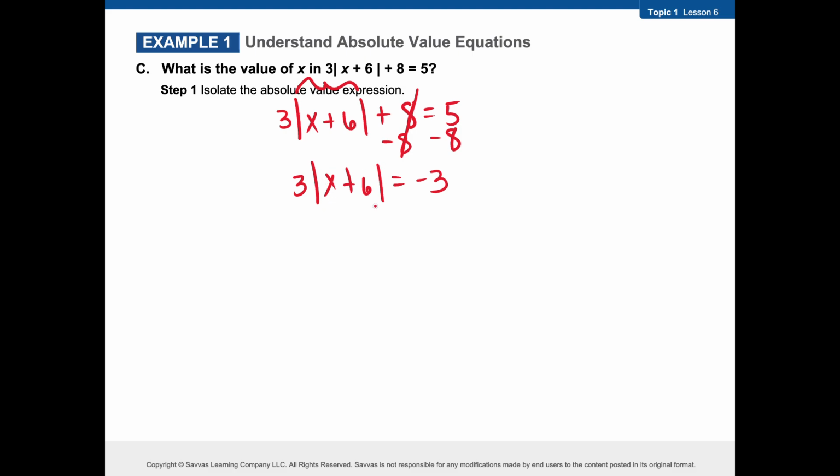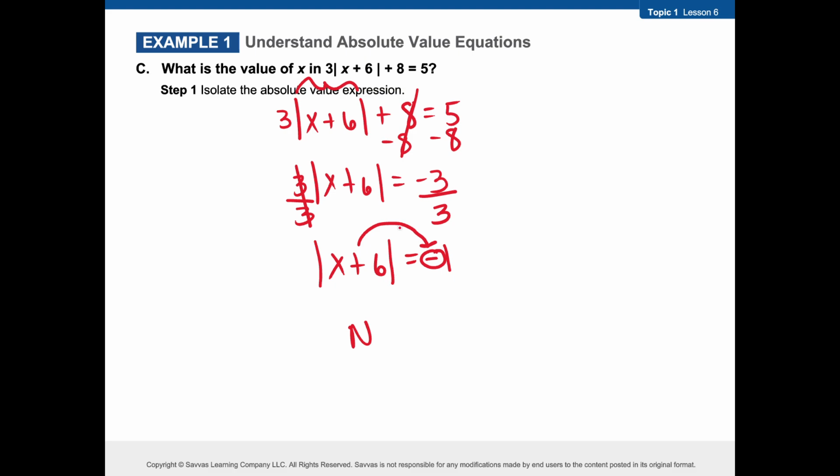Distributive property involves parentheses. So to get rid of this 3 that's being multiplied to the bars, I am going to divide. So the absolute value of a number equals negative 1. There will never be anything that comes out of the bars and ends up being a negative number, because there's no number that takes negative spaces to reach 0.